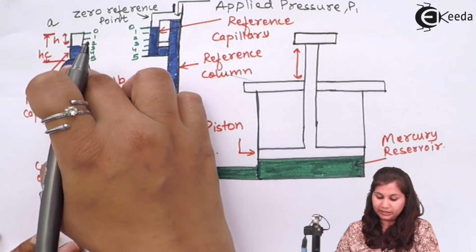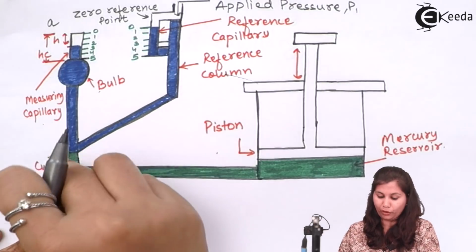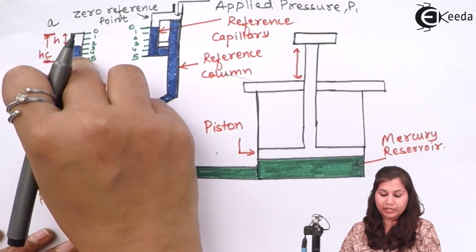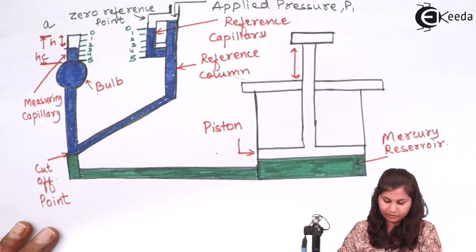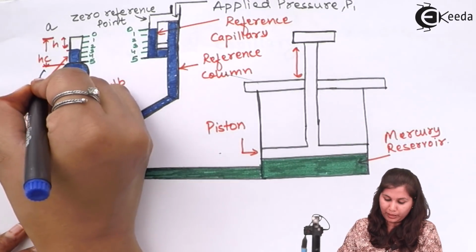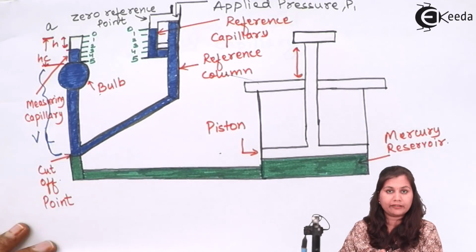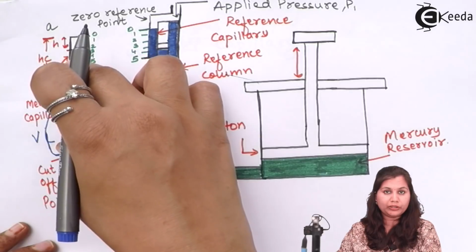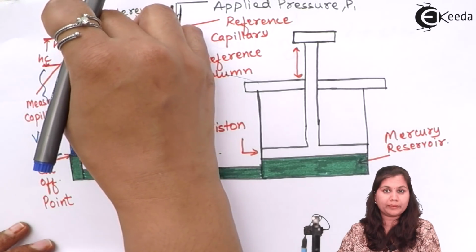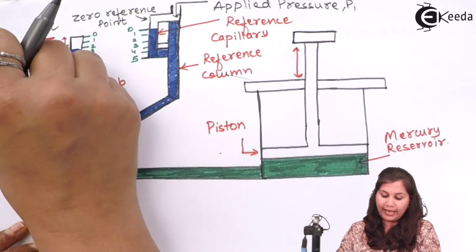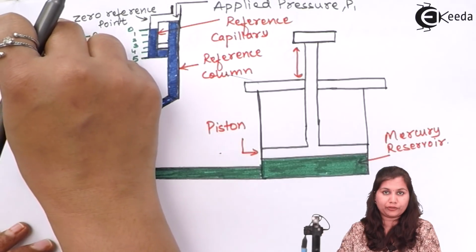We have seen here that the volume of the bulb from the cutoff point to the beginning of the measuring capillary is V. So this much part up to this cutoff point is V. So this volume will be V plus the volume of the measuring capillary, which is height multiplied by the area of cross section.